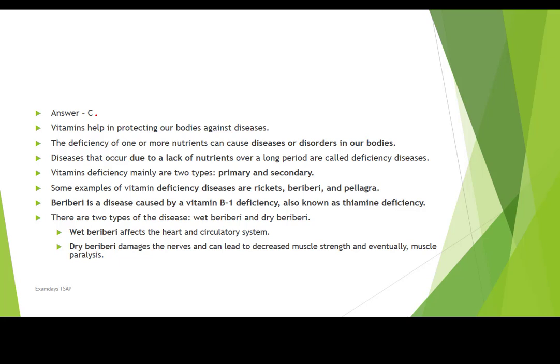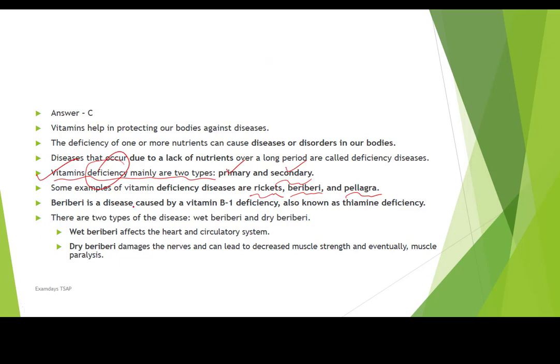Vitamin deficiency mainly has two types, and this point is very important: primary and secondary. For example, vitamin deficiency diseases like rickets, beriberi and pellagra.